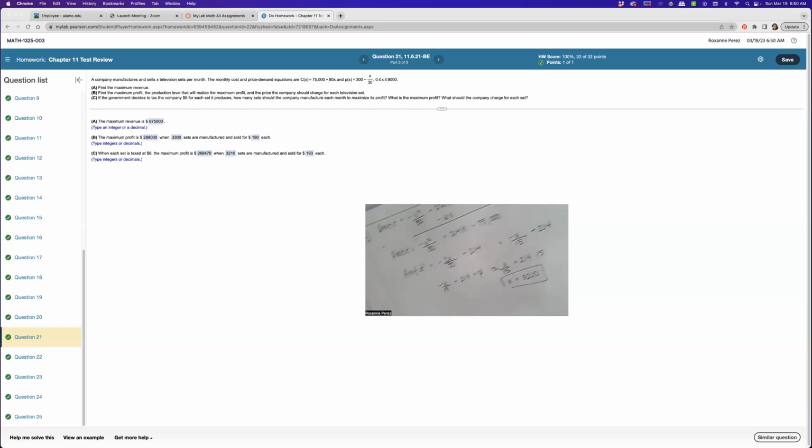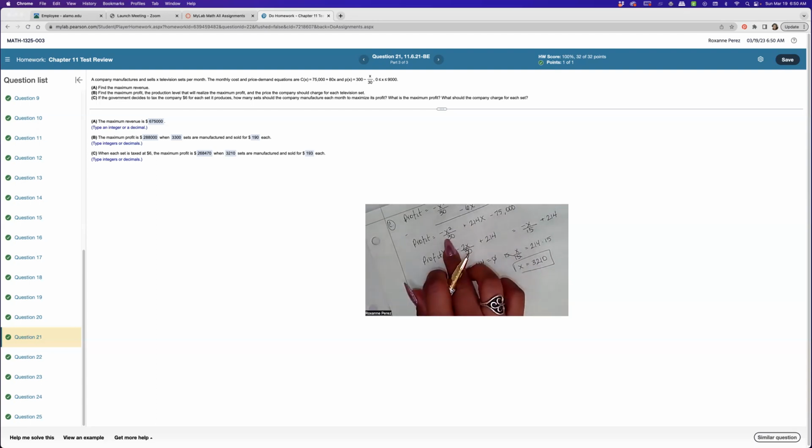And then I plug 3,210 into my profit function, and I also plug it into my price function. Let's see, 300 minus 3,210 over 30. Price is going to equal $193.